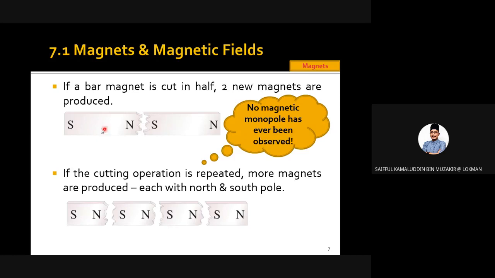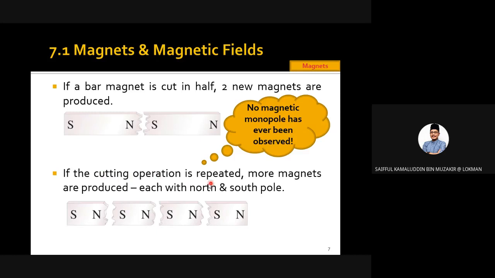If we try to separate the south pole and north pole, we cannot do that. No theoretician or experimental physicist could create a monopole. Just like electrical charges, we could separate the positive and negative charges, but in magnets we cannot do that. No monopole has ever been observed.